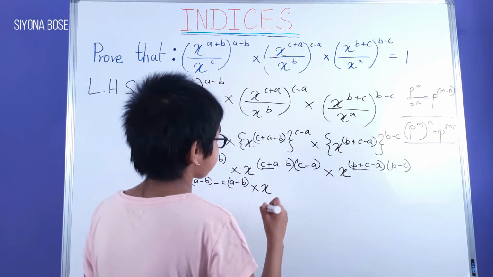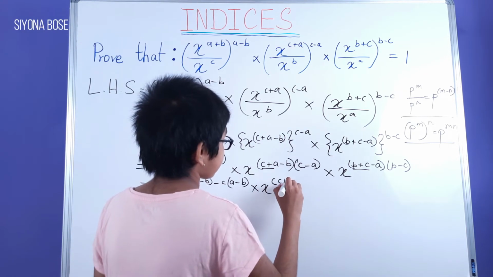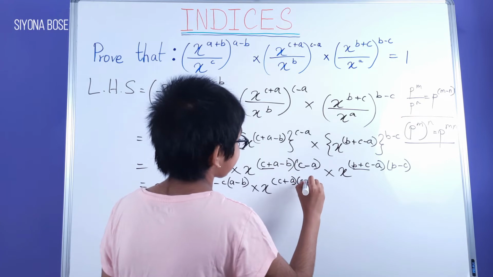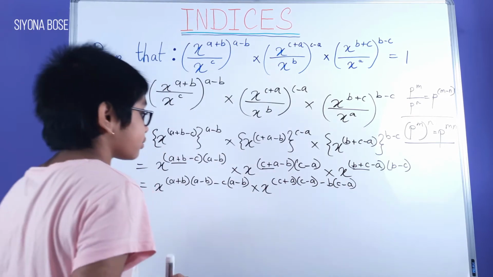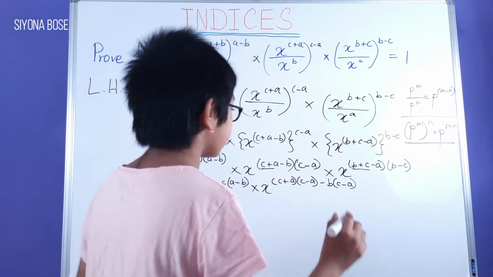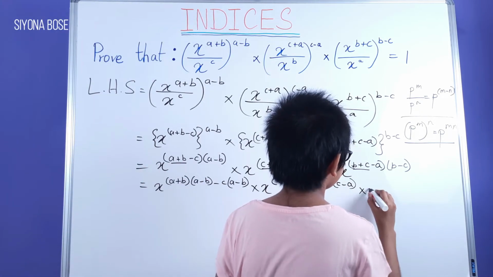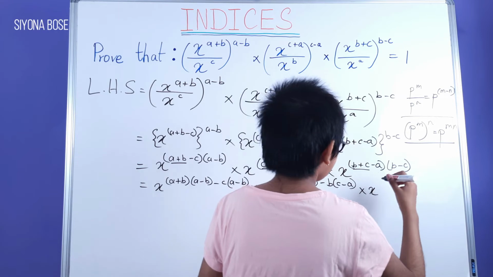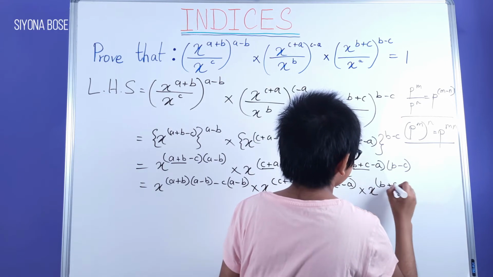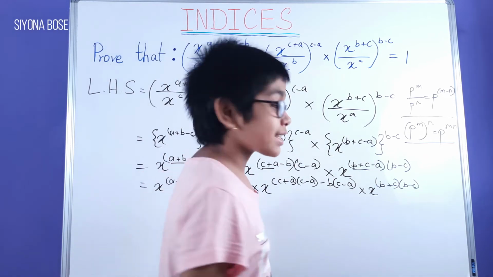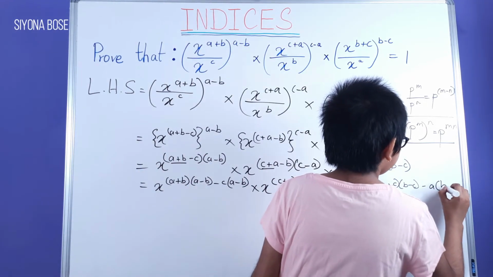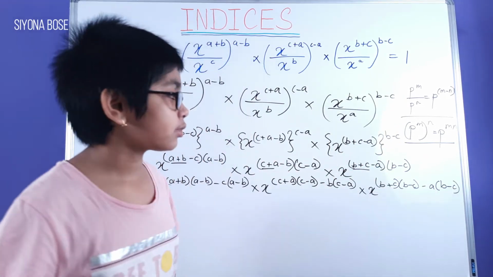Into x^((c+a)(c-a) - b(c-a)). We do that, and then here also the same thing, x^((b+c)(b-c) - a(b-c)).